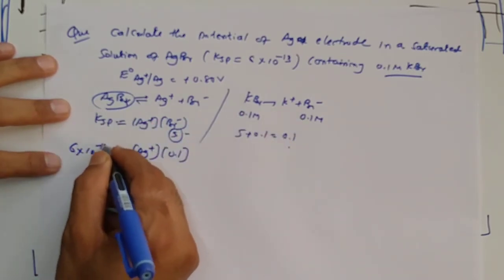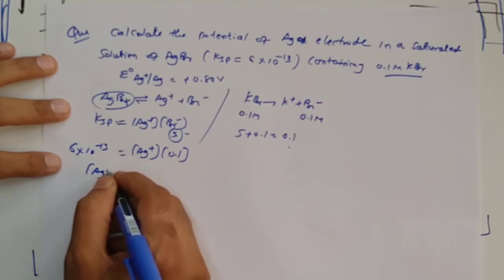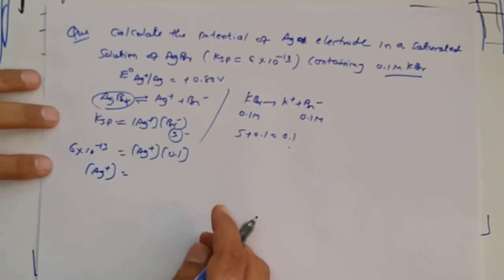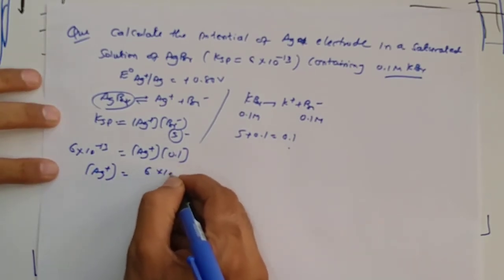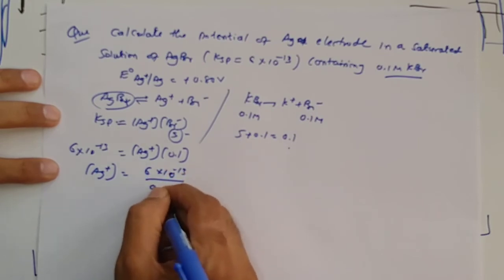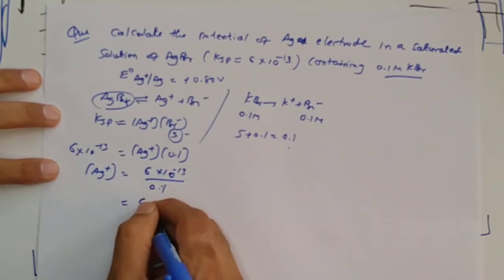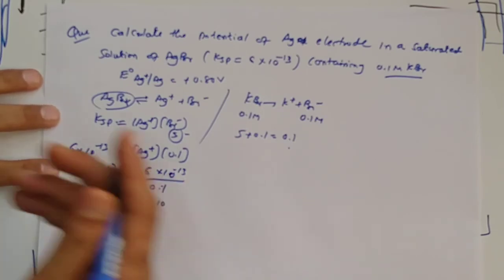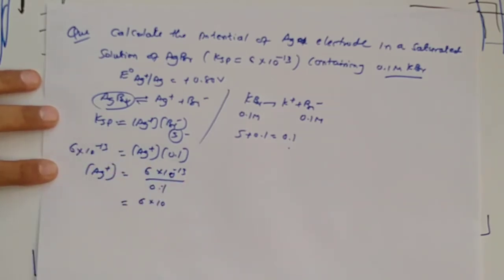Ksp is 6 into 10 raised to minus 13, so here Ag plus will be 6 into 10 raised to minus 13 upon 0.1, so 6 into 10 raised to minus 12.